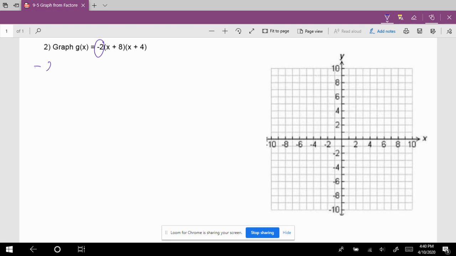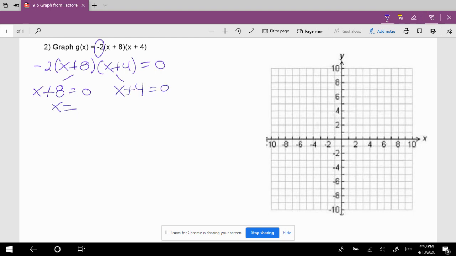So we are solving -2 times (x + 8) times (x + 4) equals 0. The -2, again, is just a GCF, so it's not going to tell us a solution. Then we set each of these equal to 0, and we get x-intercepts at -8 and at -4. So we'll plot those on the graph.